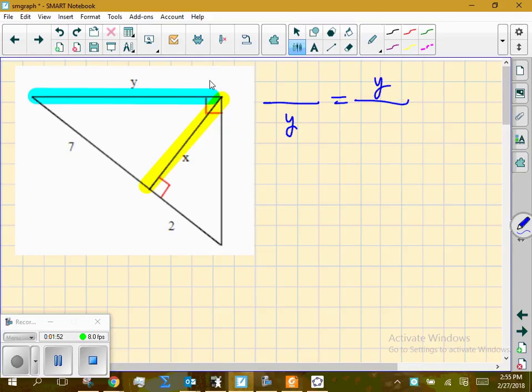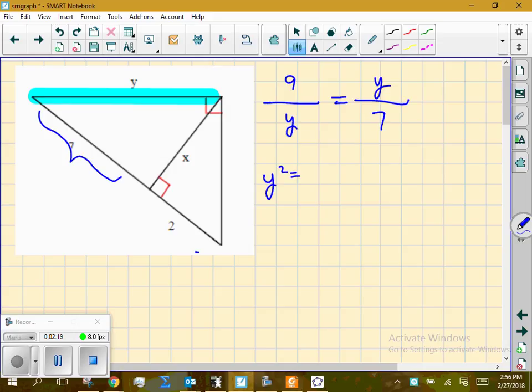Now, between the what and what? What should go here? The whole hypotenuse. So that is your whole hypotenuse, which is 9. And now the part of the hypotenuse that is touching that leg, which would be that, right? So 7.